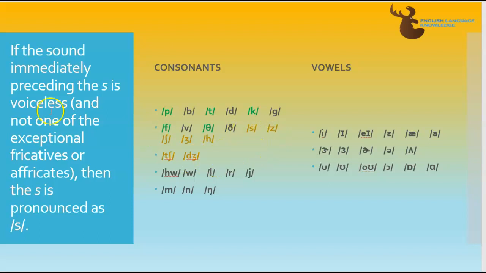Okay, so we only need to watch out for these 5 sounds in green when they are found right before the letter S at the end of a word. That indicates that that S is going to be pronounced S.